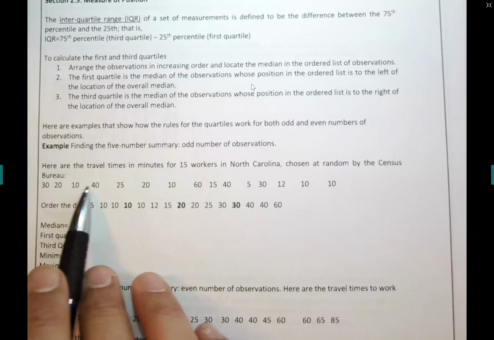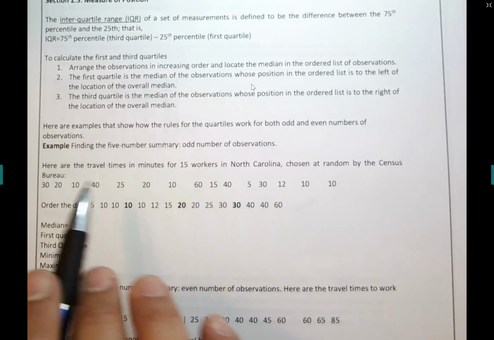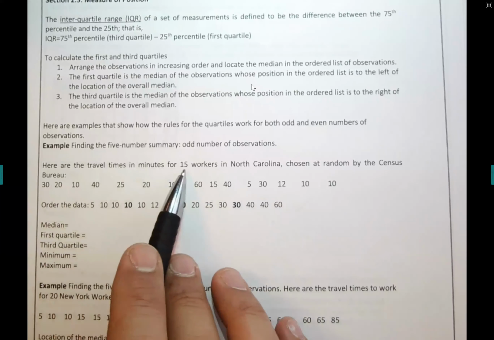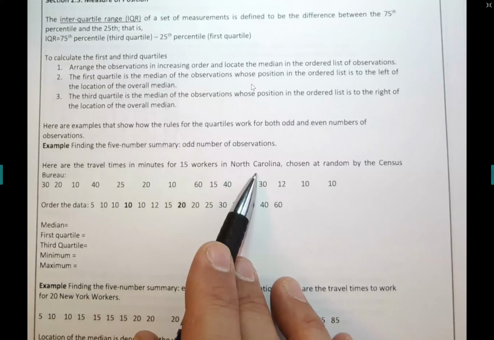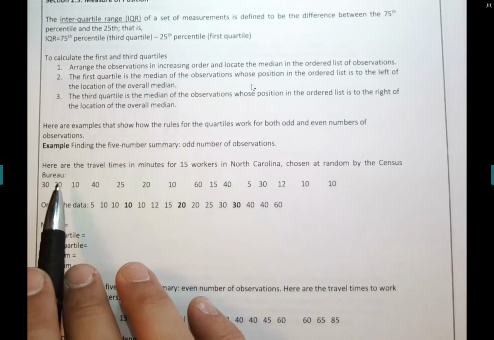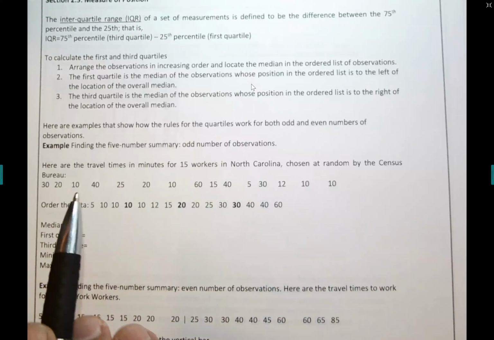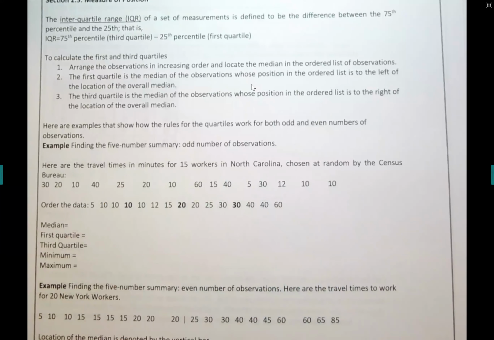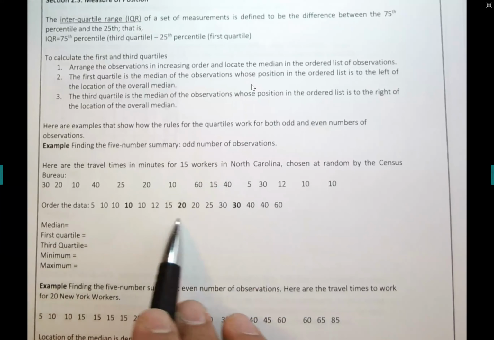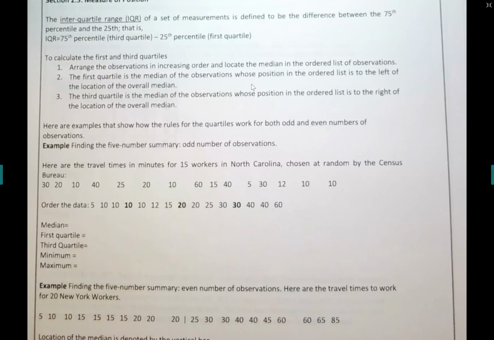We have a data set right here. Here are the travel times in minutes for 15 workers in North Carolina, chosen at random by the Census Bureau. If I want to find the median, the first step is to sort the data set in order. Here is the data set. For your convenience, I sorted it in order for you.